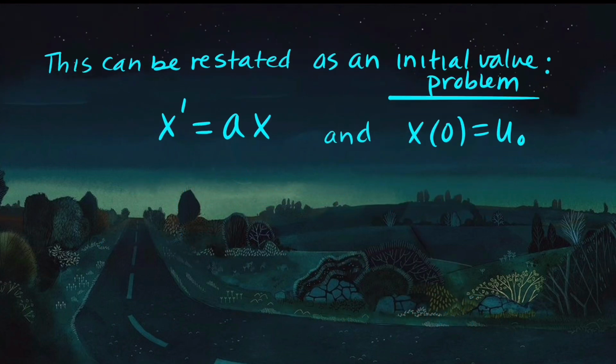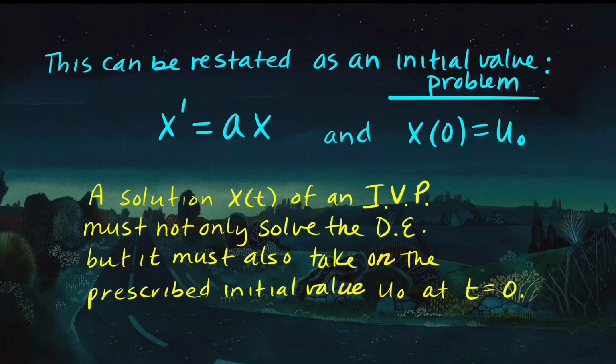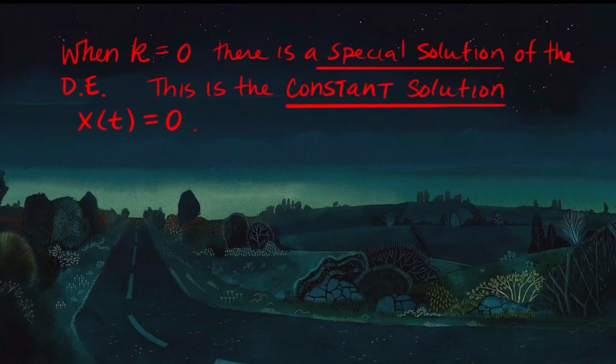In the world of differential equations, this is known as the initial value problem, or IVP. A solution x of an IVP must not only solve the differential equation, but it must also take on the prescribed initial value. When k is equal to 0, the special solution of the differential equation is the constant solution x of t equals 0.